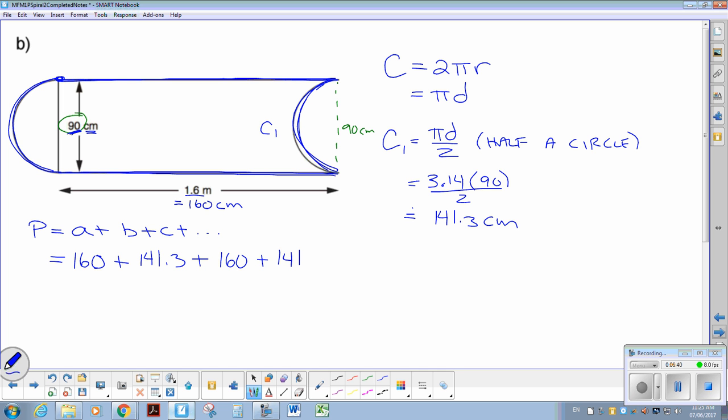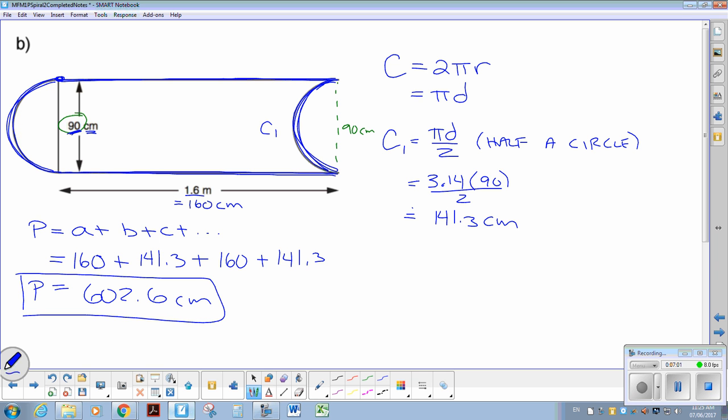So we can just add on that 141.3 again, okay? Doesn't matter whether you're traveling on the inside of the circle or the outside, it's the same distance. So that allows us to find our perimeter. And I get that to come out to 602.6 centimeters. So there is our perimeter.